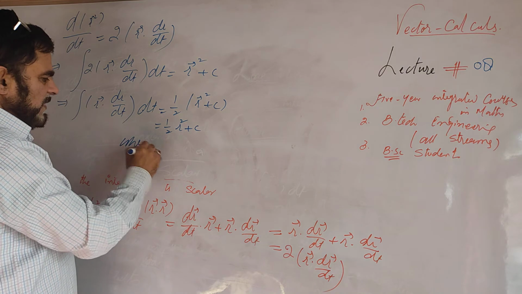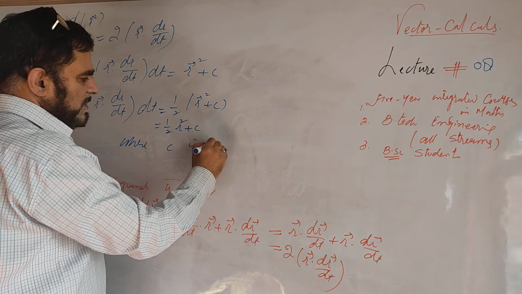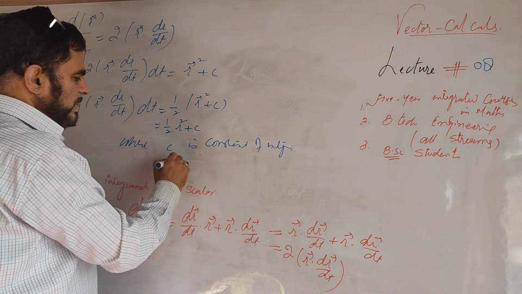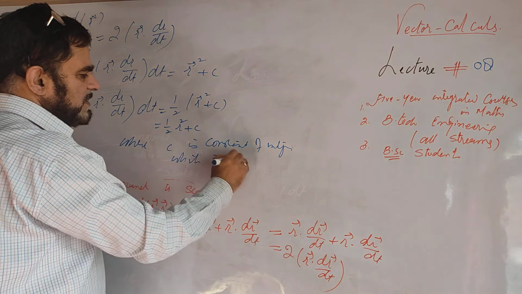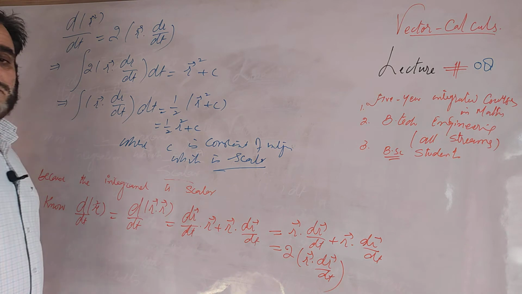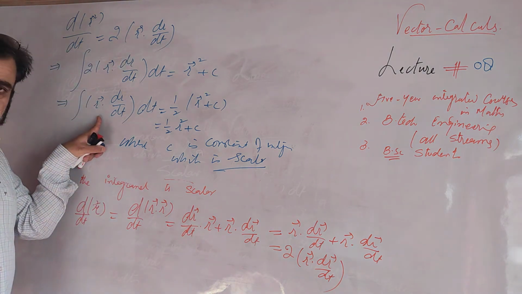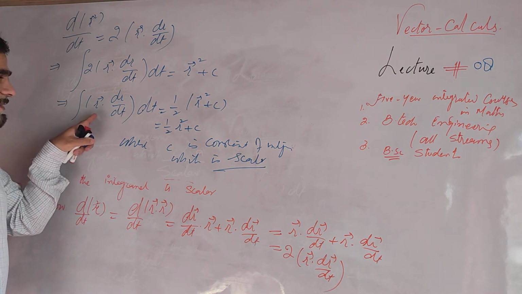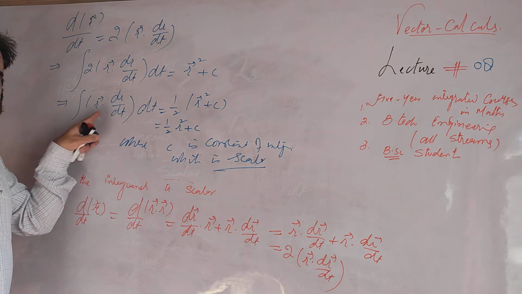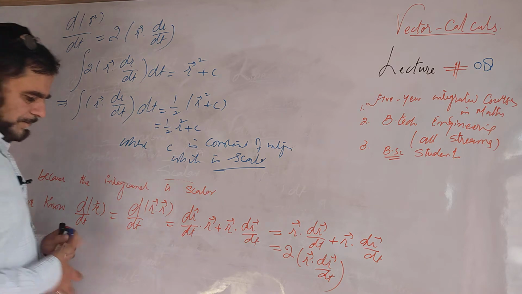Where c is a scalar, the constant of integration. Why is it a scalar? Because our dot product integrand is a scalar, it is not a vector. We are integrating this dot product of two vectors, and the result is a scalar. So here it is not a vector, it is a scalar.